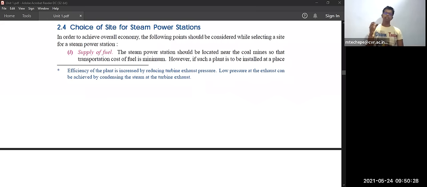But it is well and good if it is connected to the road, even if for some kilometers it is located on the roadside itself, so it is very easy for you to transport.